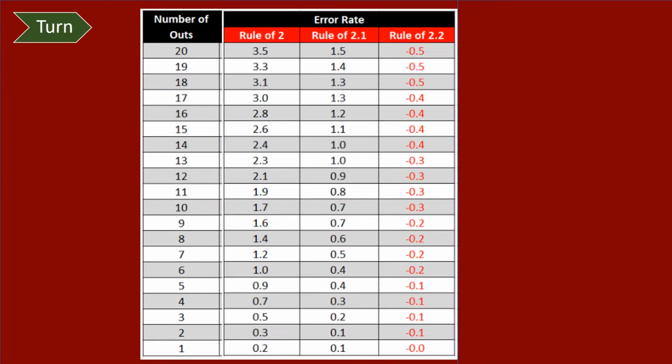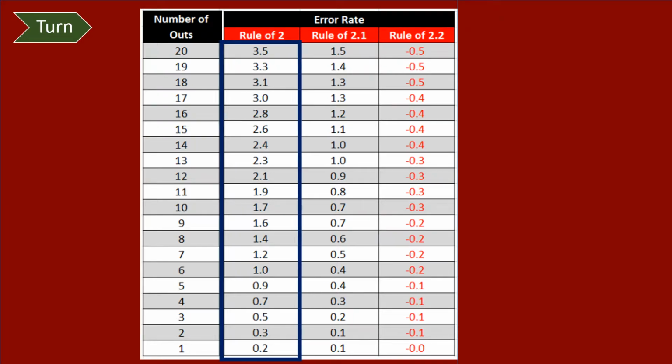This is a table of the error rates of the rule of 2, 2.1 and 2.2 for calculating the probability of hitting your outs on the river. The further away the error rate is from 0, the worse the accuracy. The first column of the table shows the percentage error via the rule of 2.